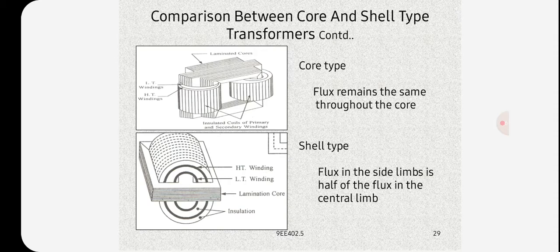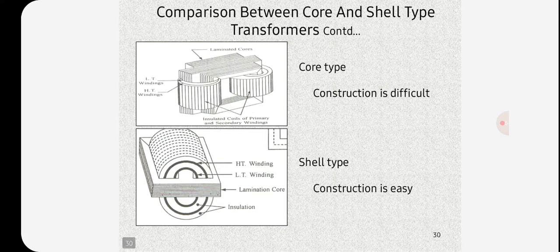For example, in the central limb the flux is phi, in the side limbs the flux is phi by 2. So another difference is, in core type construction is difficult. Shell type construction is easy.